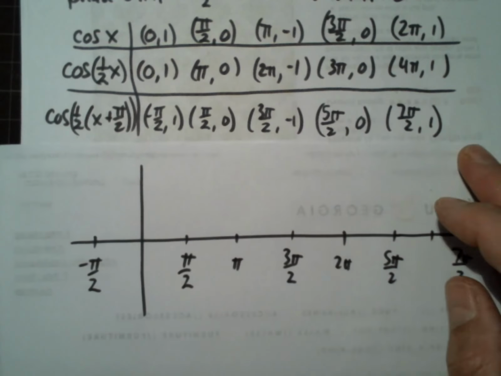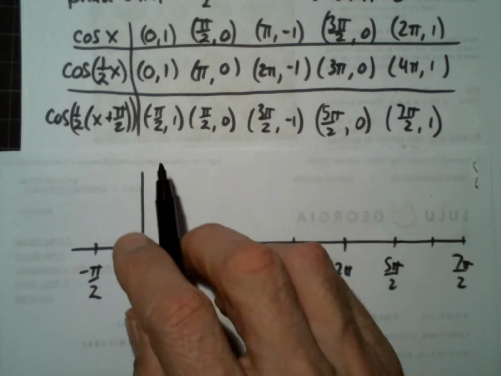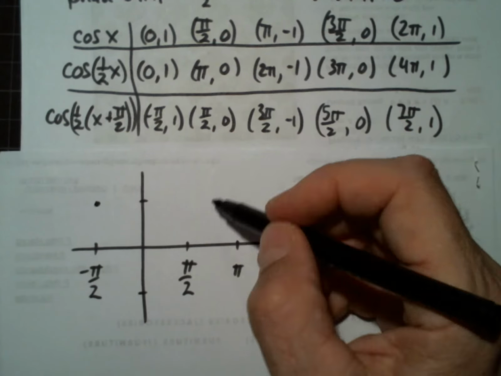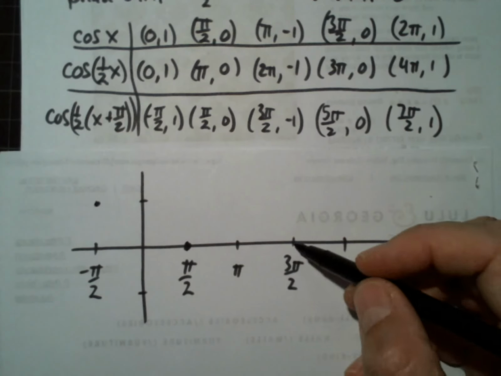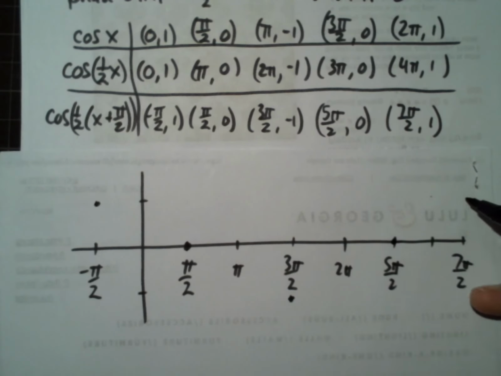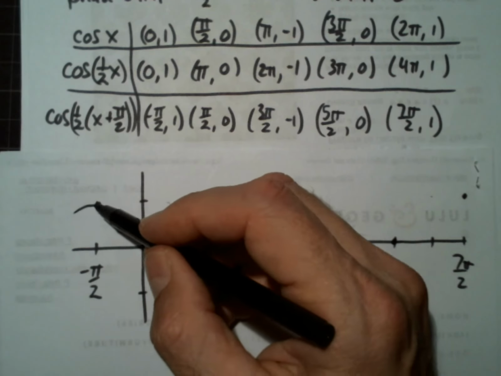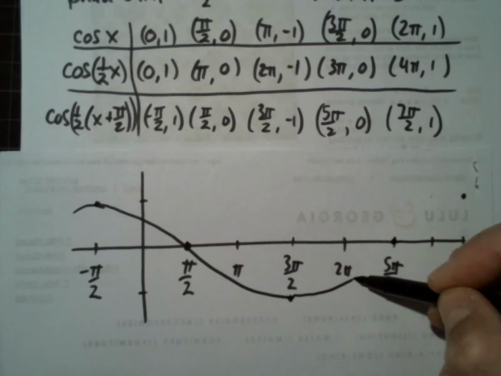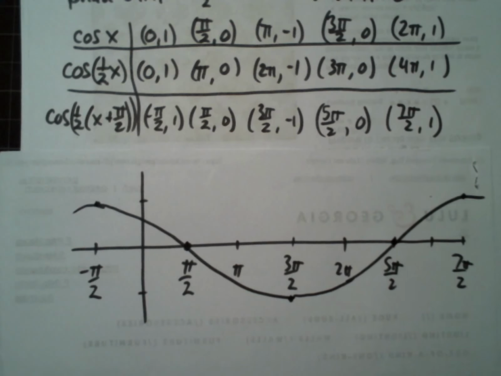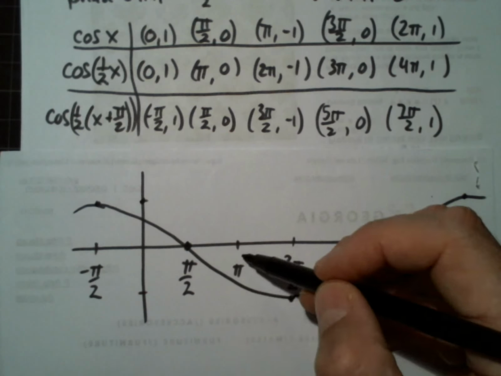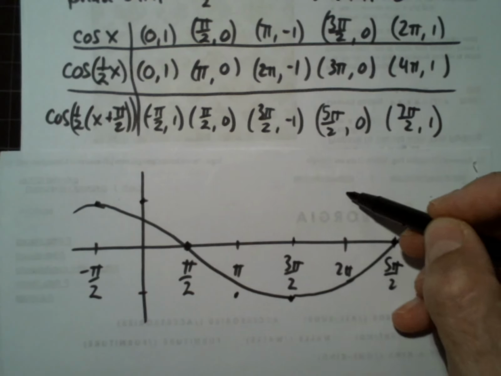Alright, and we can plot this point, negative pi over 2, 1; pi over 2, 0; 3 pi over 2, negative 1; 5 pi over 2, 0; 7 pi over 2, 1. And we could compare that to the parent function, which starts at 0 and goes to these points.